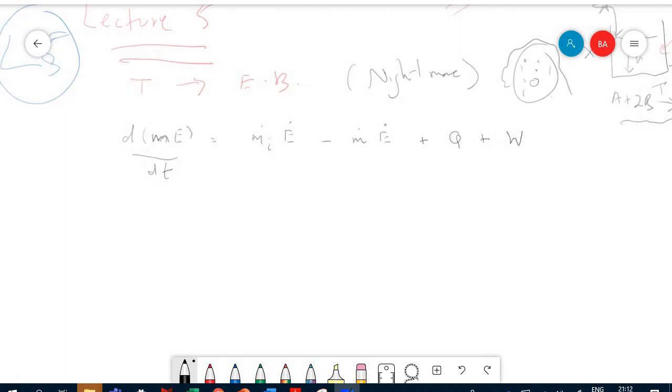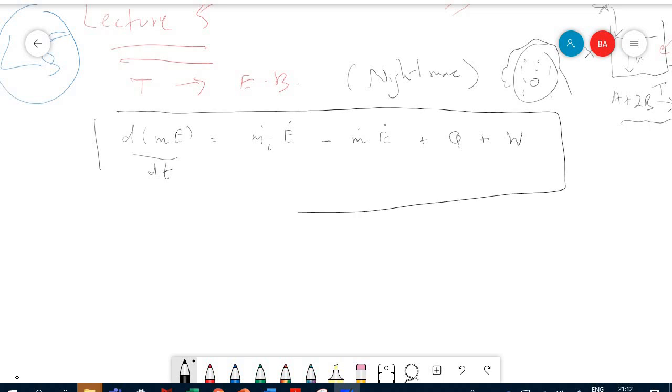So this is the main equation, and we are going to start from here.